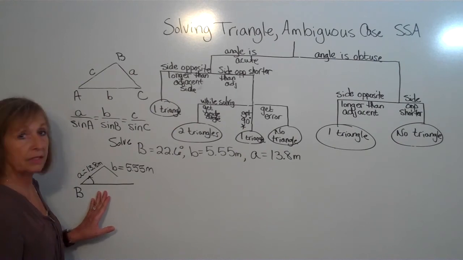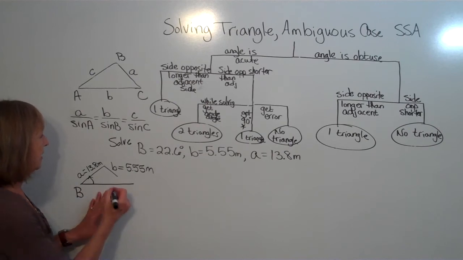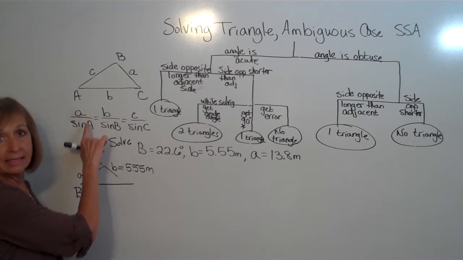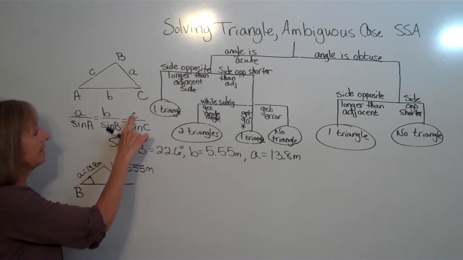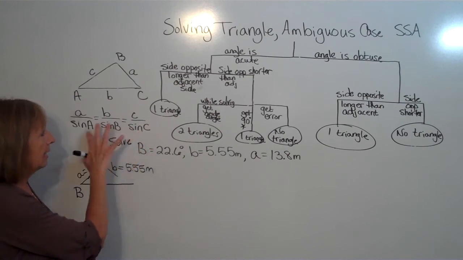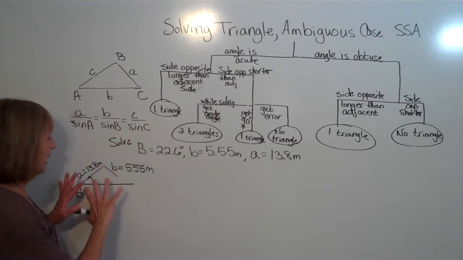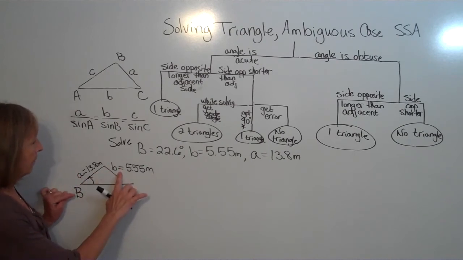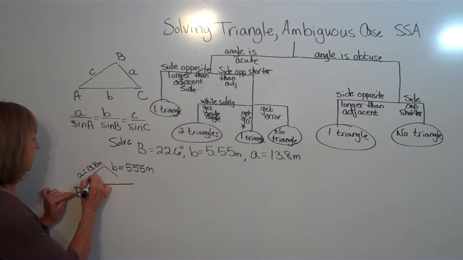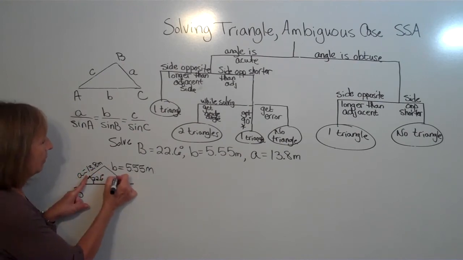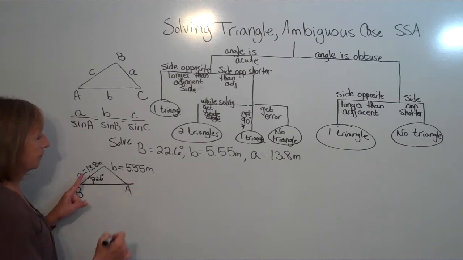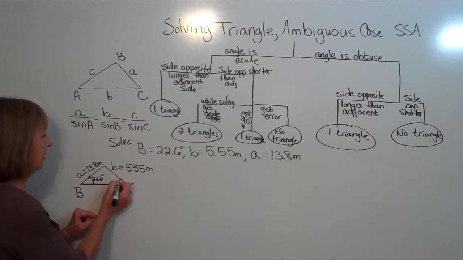Now when we go through and work with this, we're going to start by doing the law of sines. The law of sines is a is to the sine of angle A, as b is to the sine of angle B, as c is to the sine of angle C. And I use the correct proportion from what I have and what I want to know. So I have a side B and an angle B, and I'm trying to find all the other pieces. Right now I have side A, so the angle A would be over here inside the triangle.